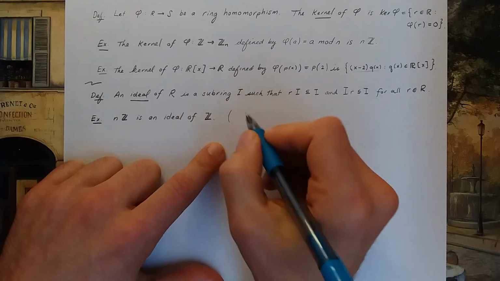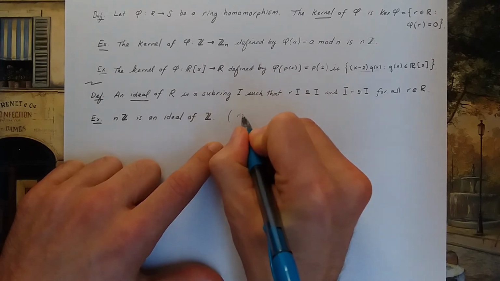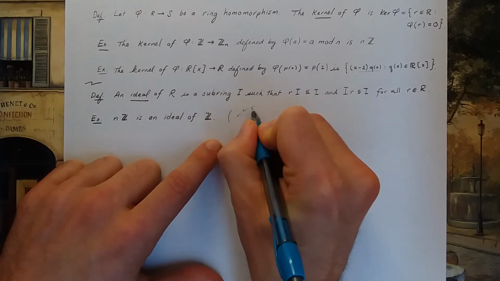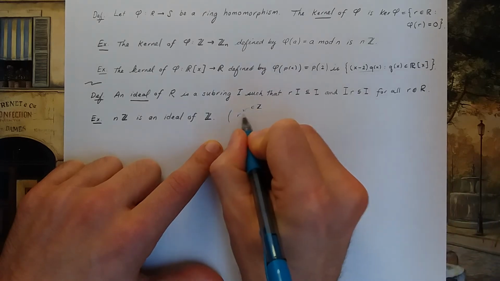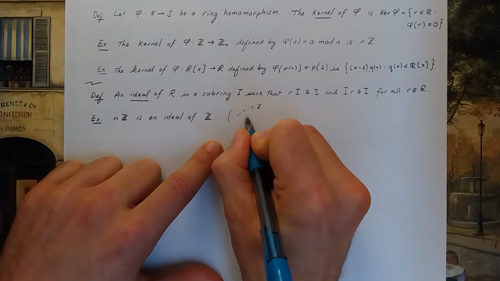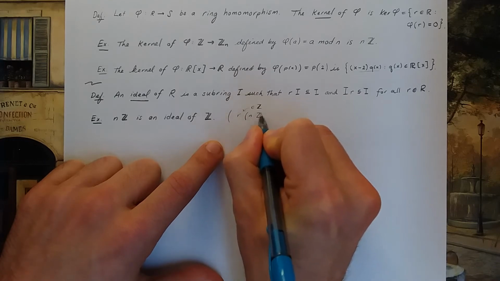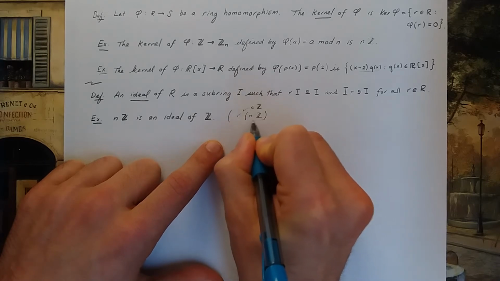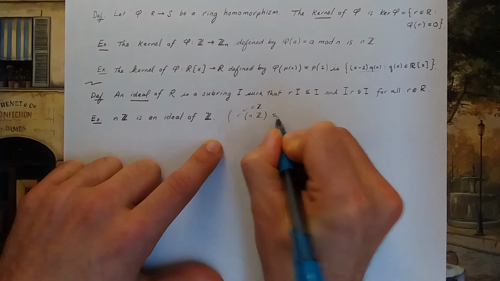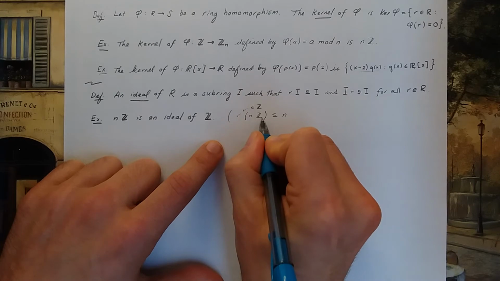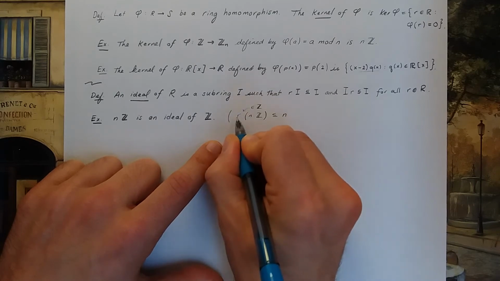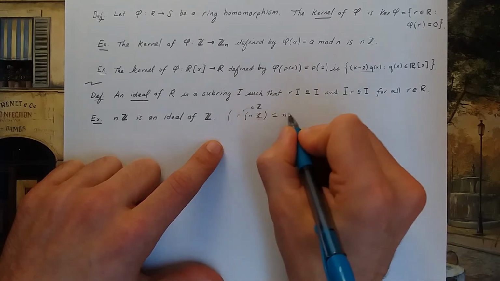Why? Well, if you take any r you want that's an integer, and you multiply by the set nZ, these are all multiples of n, you're still going to get back multiples of n. So if you take a multiple of n, multiply by r, you still get a multiple of n.